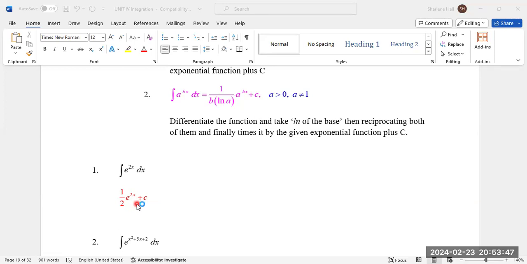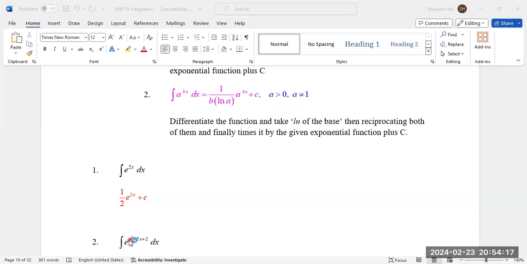When the base is not e, you have to write the ln of the base. You see up here, it says a is greater than 0, and it is not equal to 1. Right? So watch me now.